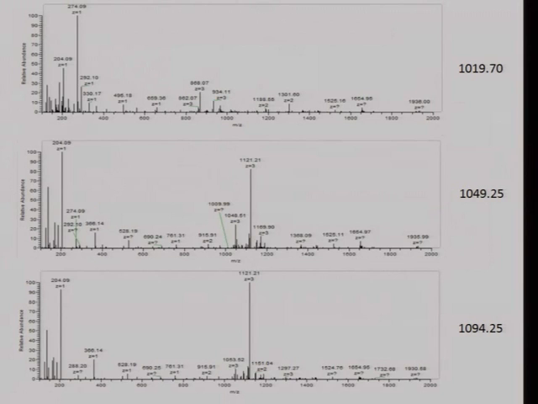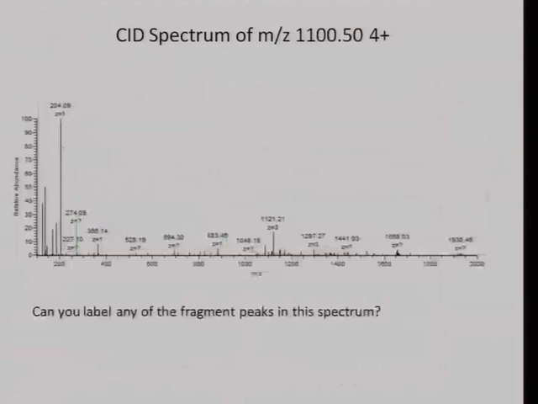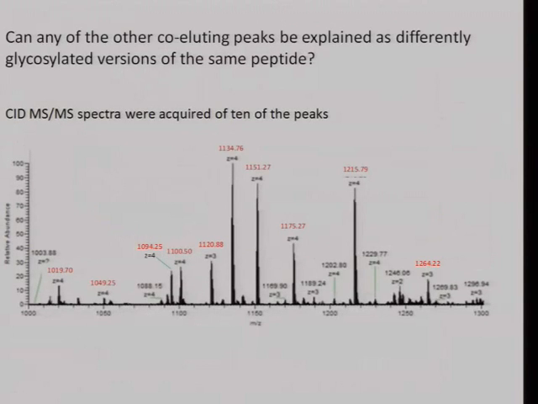The second one? Yes, okay. So the second one is another version of that same peptide. And so this is the 1049 peak down here. So the 1121 was the one we were looking at before, and this is the 1049.